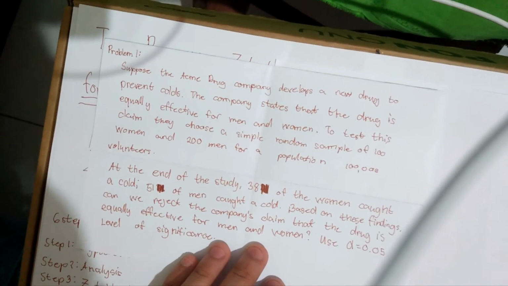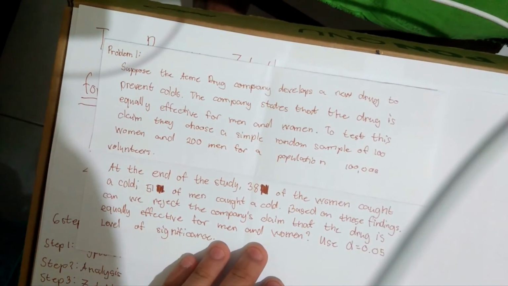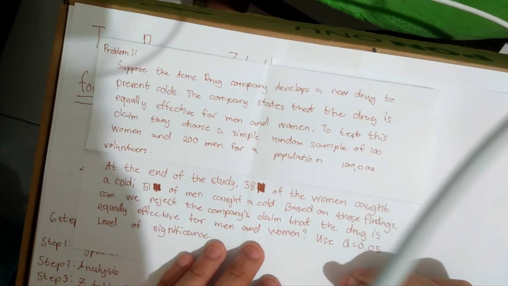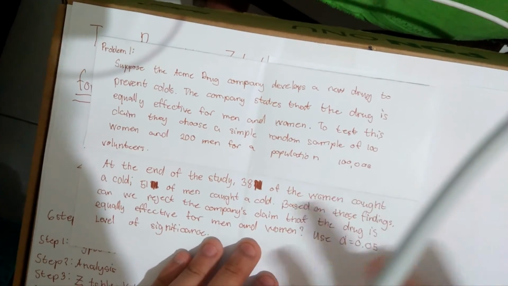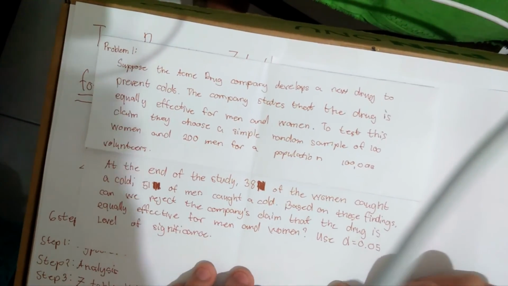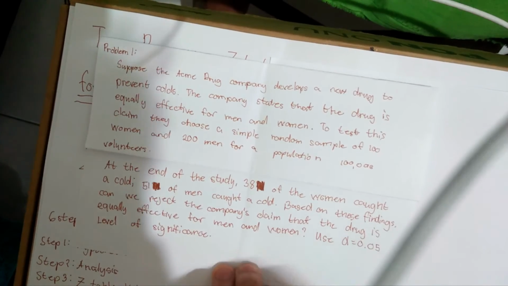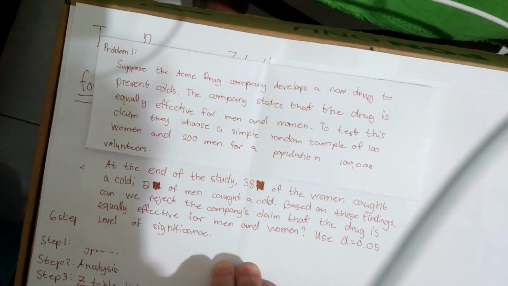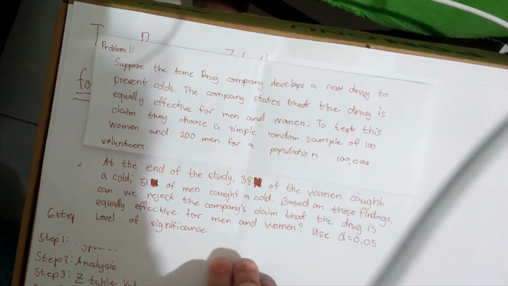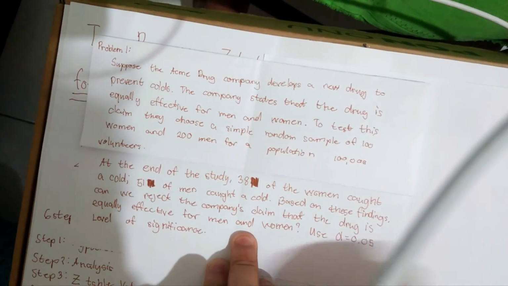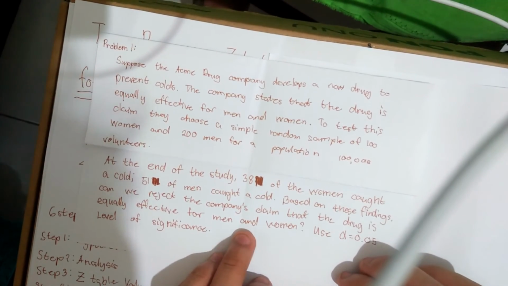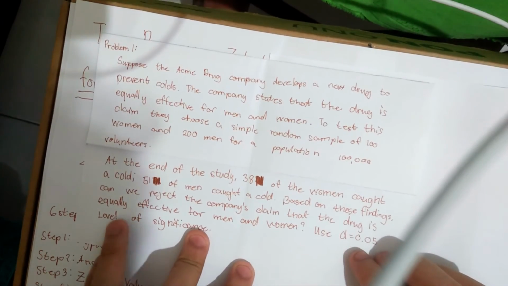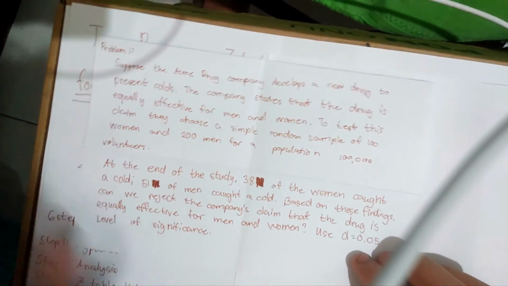To test this claim, they choose a simple random sample of 100 women and 200 men from a population of 100,000 volunteers. At the end of the study, 38 of the women caught cold, 51 of the men caught cold. Based on these findings, can we reject the company's claim that the drug is equally effective for men and women? Use 0.05 level of significance.